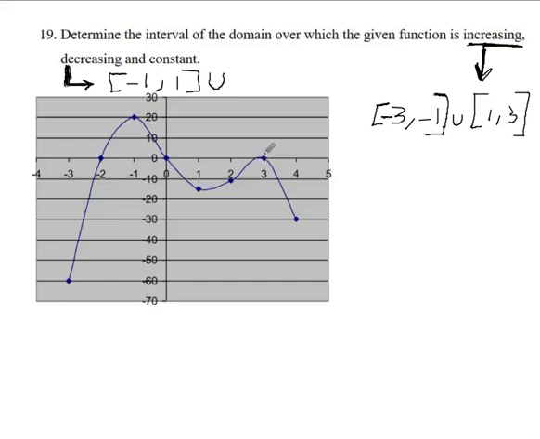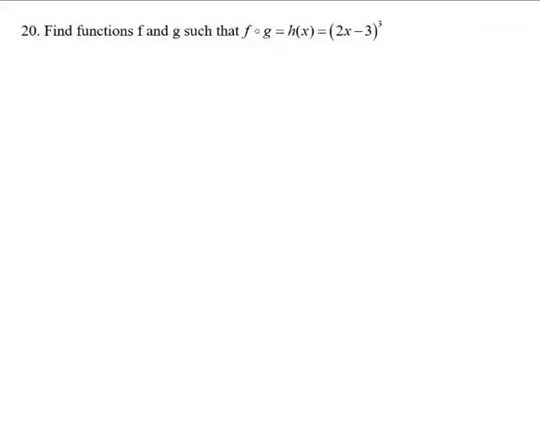Looks like from 3 to 4 is also decreasing. 3 to 4, this is where your function is decreasing. At no point is it constant.